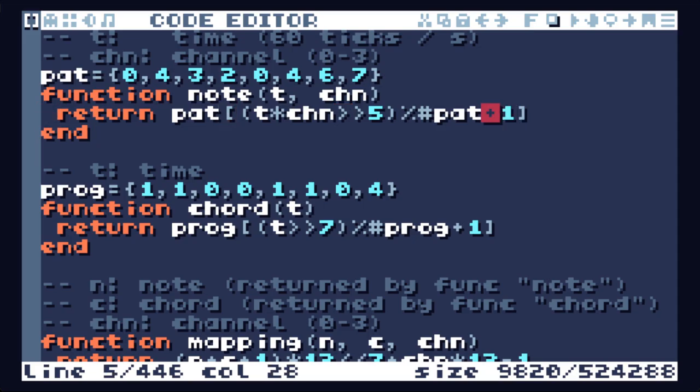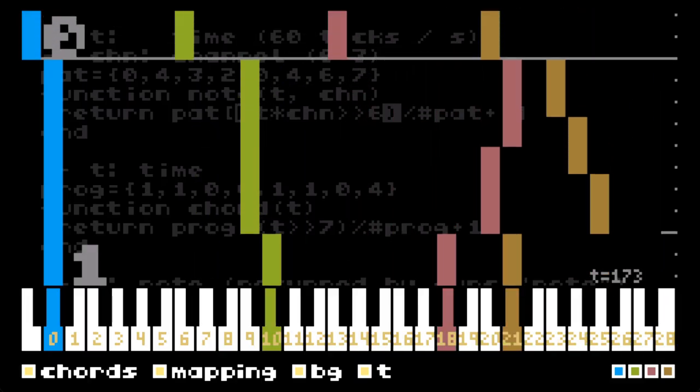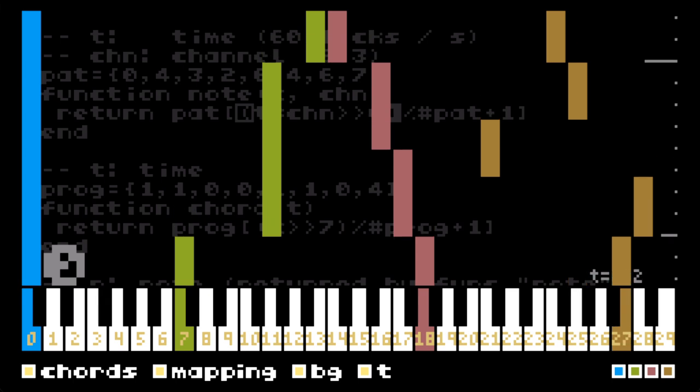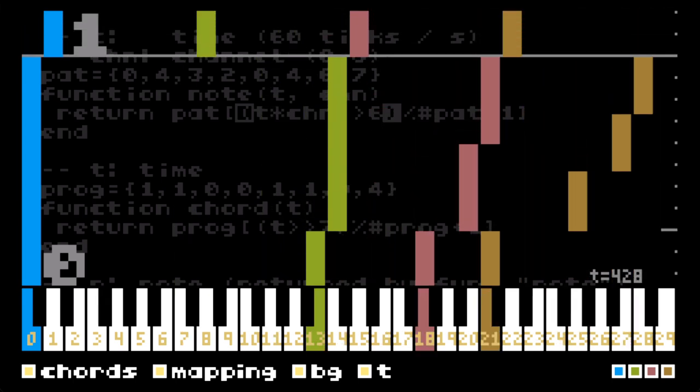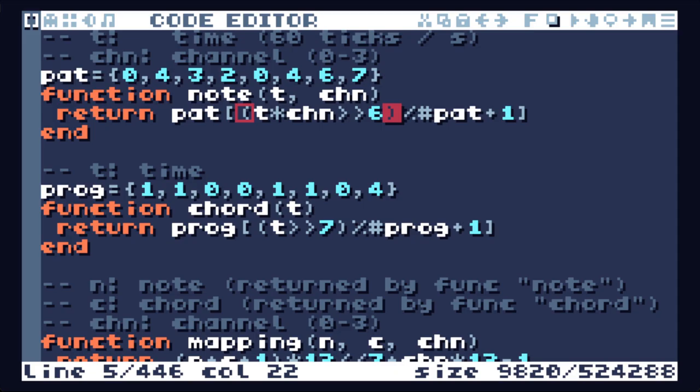Okay, so maybe we slow down the arpeggio a little bit. Particularly great, but starting to get somewhere. We get some kind of clear chord progressions going on here, and we are not hitting any out of key notes ever. We could try different patterns here.